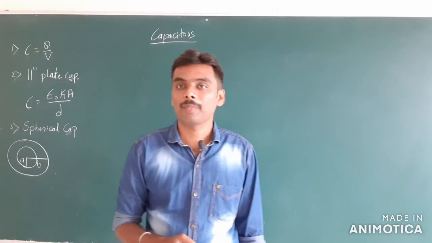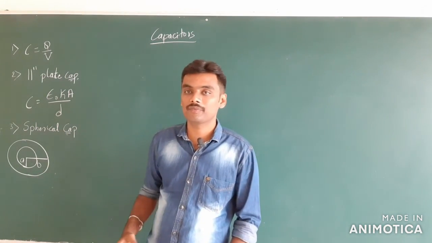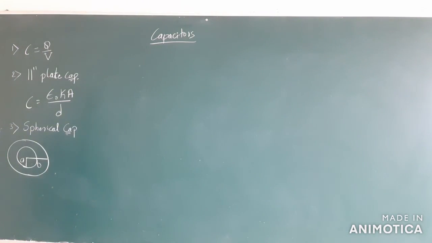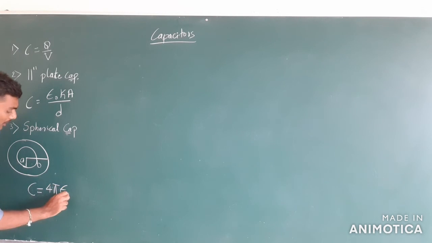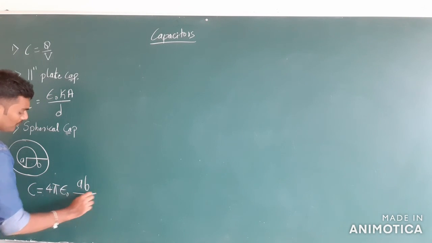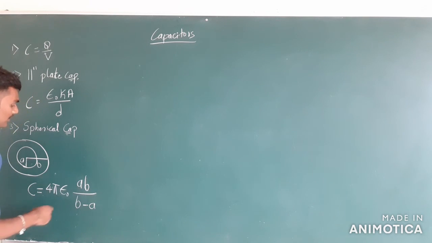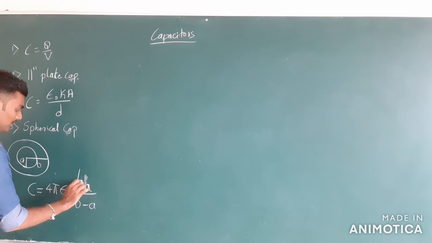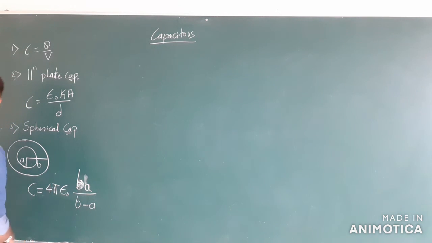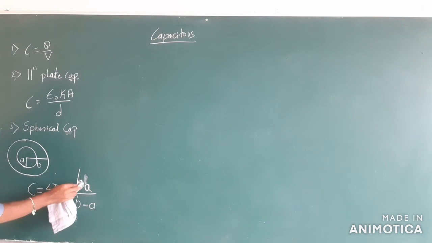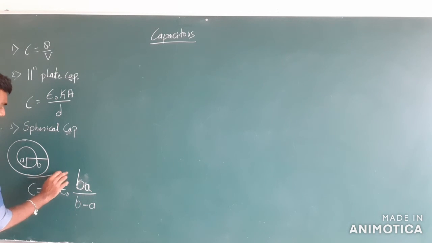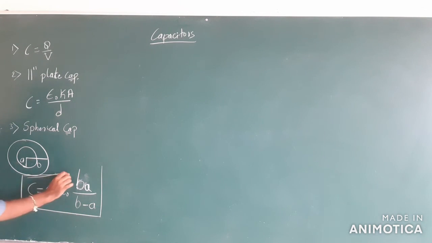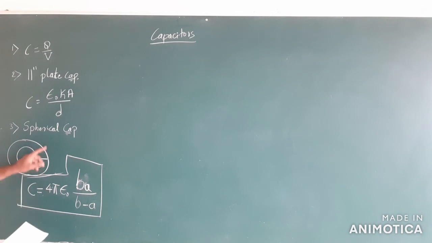Two concentric spheres, one of radius A and the other of radius B, where B is greater than A. For this kind of spherical capacitor, the capacitance is given by C is equal to 4 pi epsilon naught A B by B minus A. It would be easy for you to remember if you keep it as B A by B minus A. This is the formula for the capacitance of a spherical capacitor.